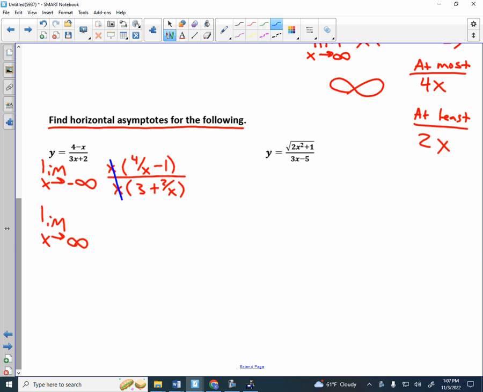What does 4 over x go to? 0. What does the bottom go to? 0 there. And what are you left with in the top? Negative 1. What are you left with in the bottom? 3. So you can see, Tim said, 0 is negative 1/3 kind of close to 0? It's kind of, but in fact, it is, and we did get the negative 1 that we thought. Question?